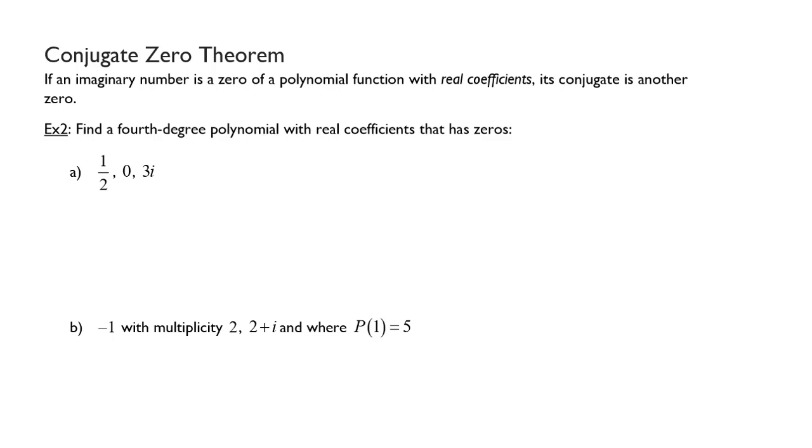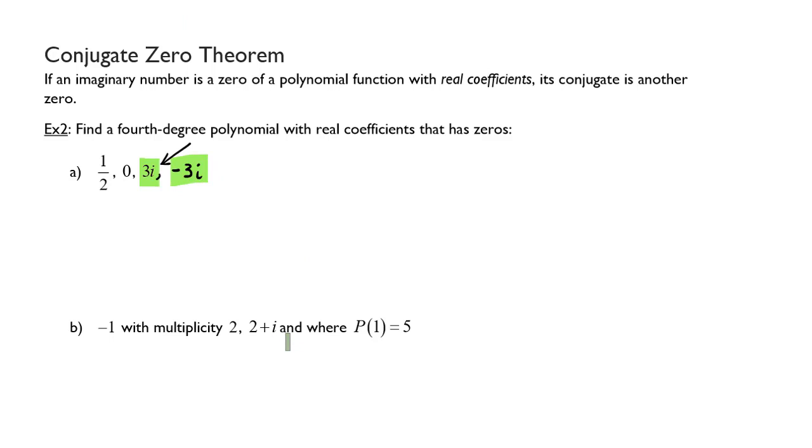So let's look at example 2. Find a fourth degree polynomial with real coefficients that has zeros 1/2, 0, and 3i. I'm going to note that 3i is an imaginary or complex zero, and therefore it will also have a negative 3i as a complex zero.